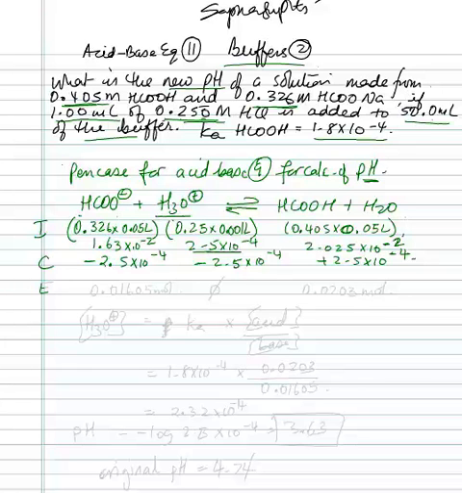So then at equilibrium, you have 0.01605 moles of the conjugate base. The hydronium ion turns out to be 0, so we don't have to worry about that anymore. And then our acid is going to be 0.0203.